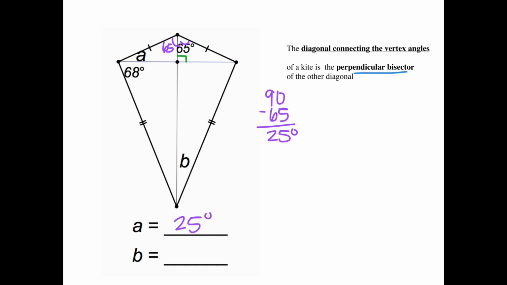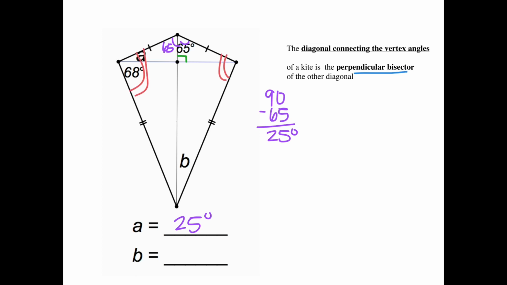And essentially, I can do that same thing down here to find B. Because of the properties of the non-vertex angles, going from the left side to the right side, they are congruent. So let me switch colors here. Two arches, so these are congruent.